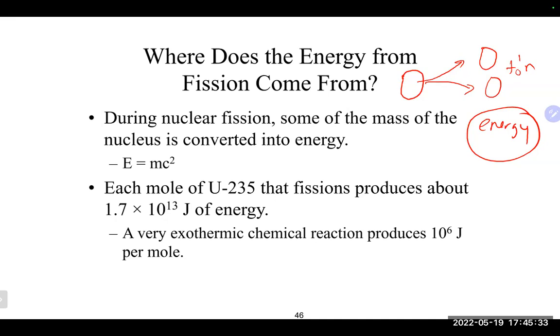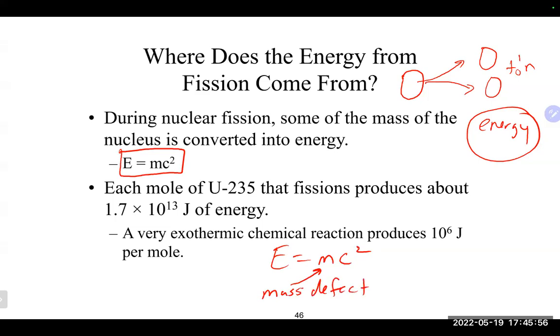So during nuclear fission, some of the mass of the nucleus is actually converted into energy via our Einstein equation, E equals mc squared. In this case, the m is what we refer to as the mass defect.